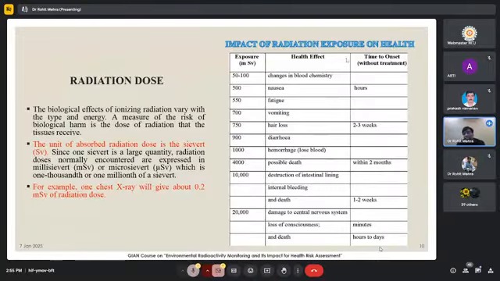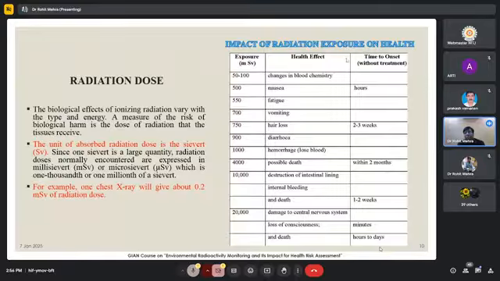Though we have some controlling agencies which publish guidelines as per the guidelines issued by the ICRP, there is an agency, the Atomic Energy Regulatory Board, which has guidelines and does control or monitoring of these radiation institutes or centers where X-rays or CTs are performed.